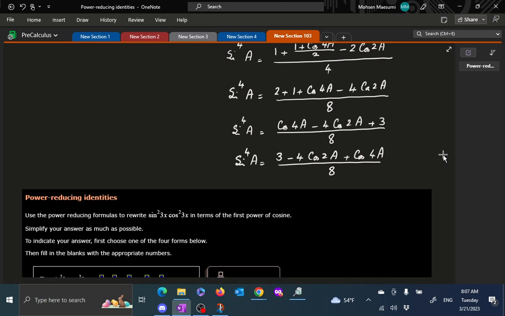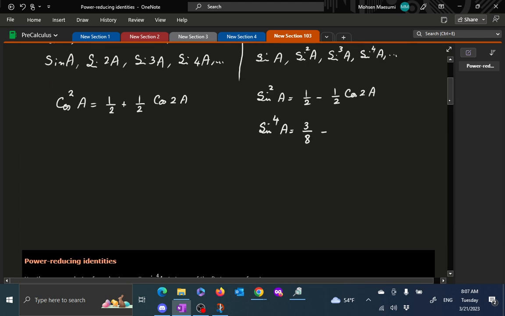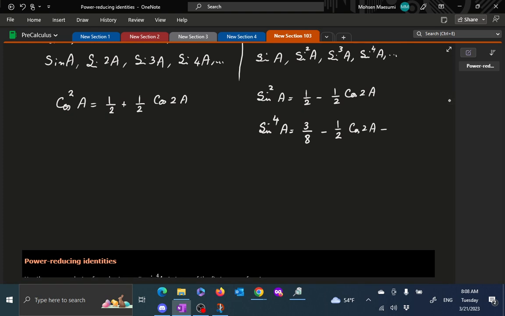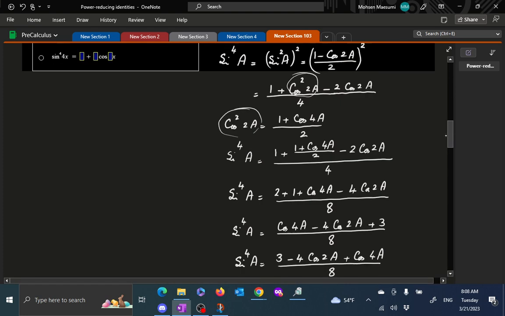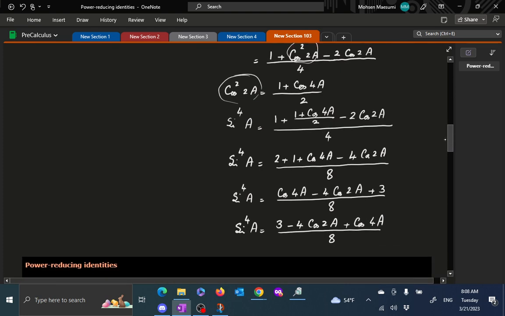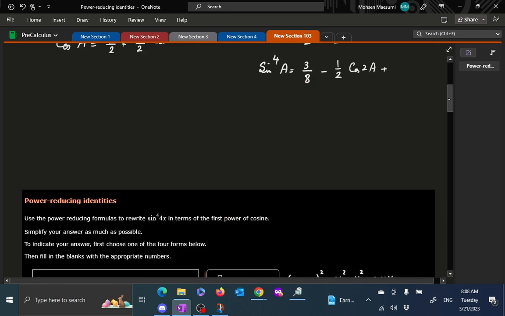It doesn't matter that much either way. So 1/2 cosine of 2a, and we have cosine of 4a, well, 1/8 of.